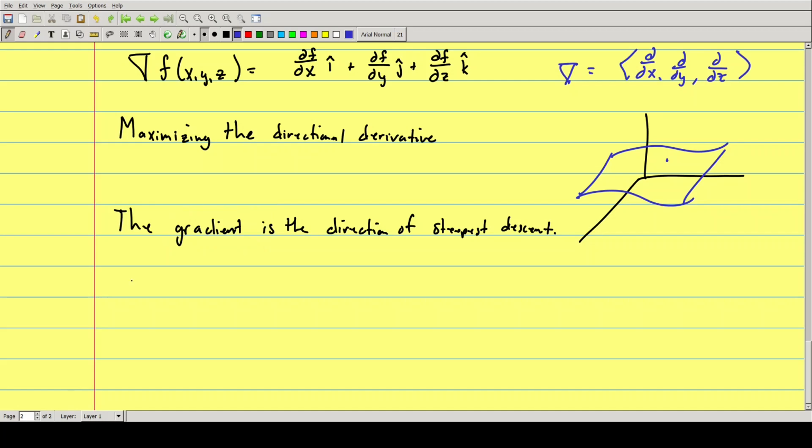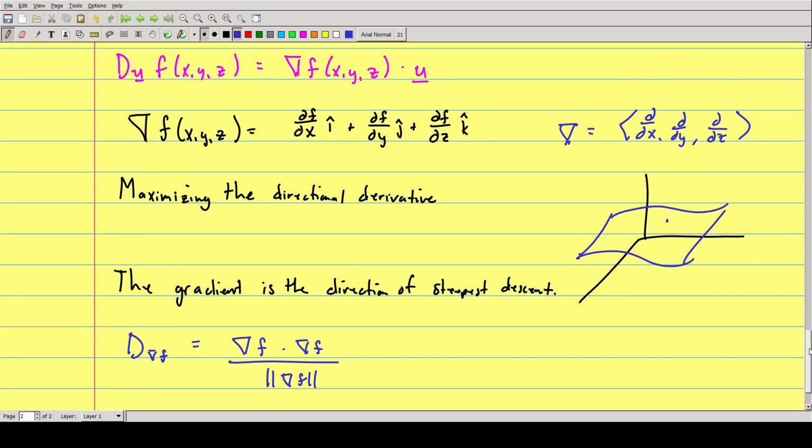Now, if we're talking about computing the directional derivative in the gradient direction, which this would be a way to write, of course, you would need this as a unit vector. What it gives you is the gradient dotted with itself divided by the magnitude of the gradient, right?